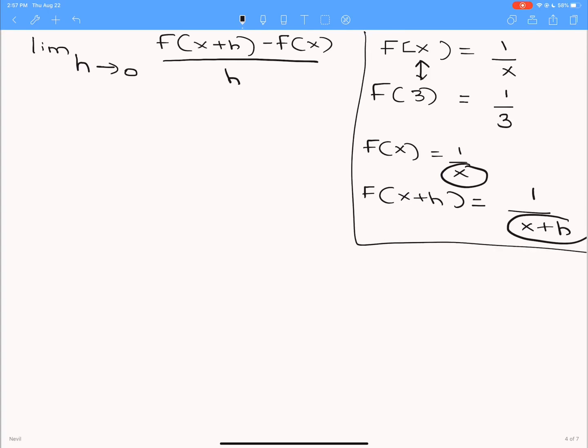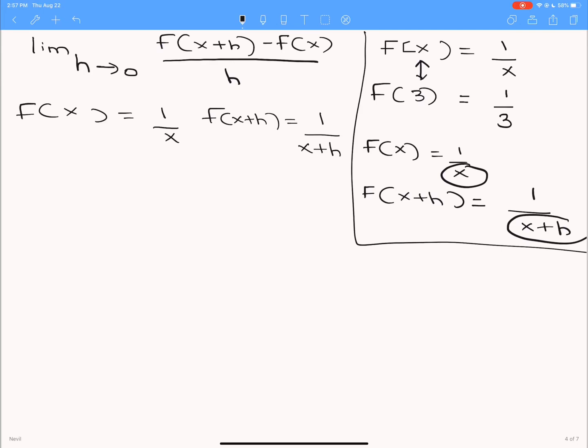As I said in the beginning, our problem is f of x is equal to 1 over x. So how am I going to apply this onto the problem? As I said before, instead of x, you're just replacing it with x plus h. My f of x is already 1 over x, and my f of x plus h will be 1 over x plus h.